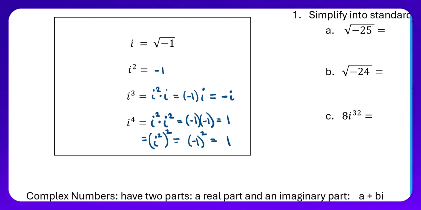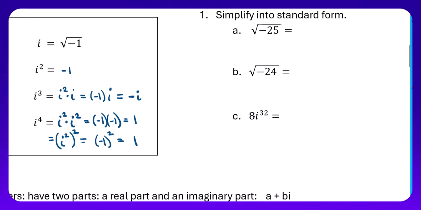So whichever way. Okay, so now that we know that the square root of -1 is I, we can simplify into standard form. And when we mean standard form, they mean instead of having a square root of -1, we would write it with an I. So remember, radicals or square roots can get broken up as long as the operation is multiplication or division.